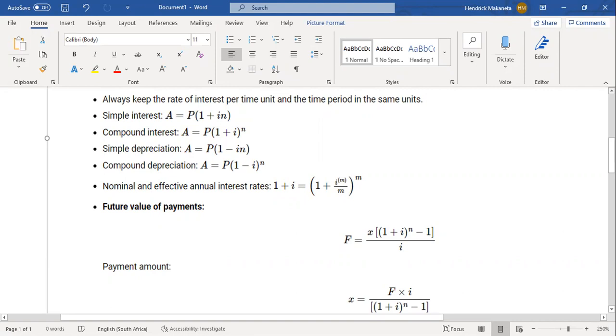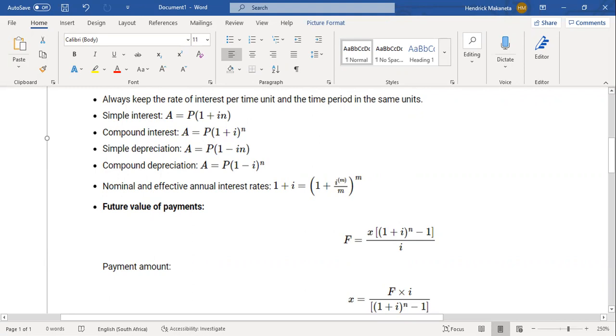Like in this case, for simple interest, A will always be equal to P into 1 plus in. And of course, the same goes for the compound interest, which will be different in a sense that now your n, which used to be the coefficient of i, is now the exponent. So the compound interest formula is quite different there.